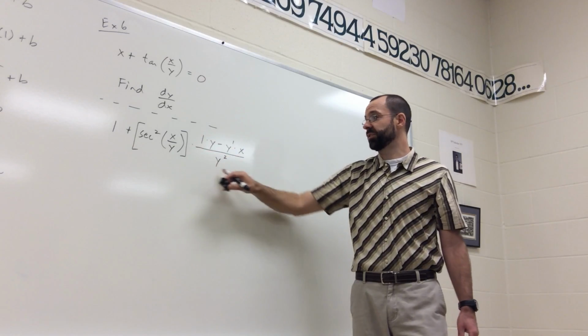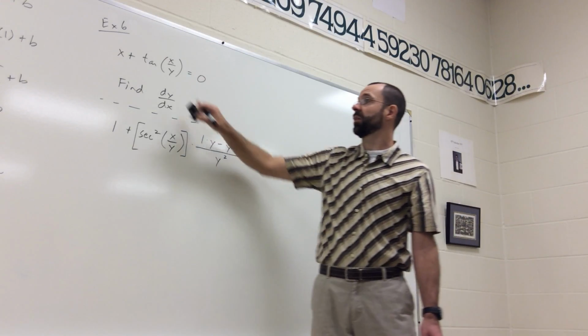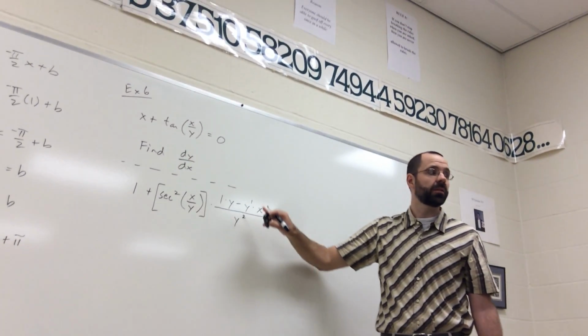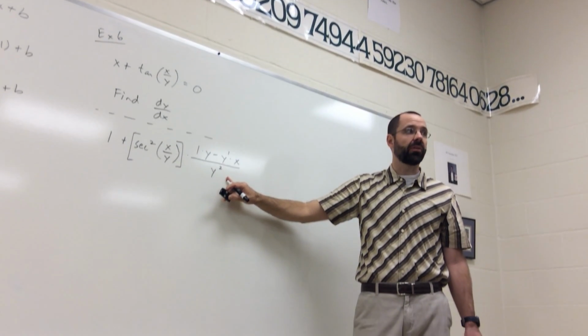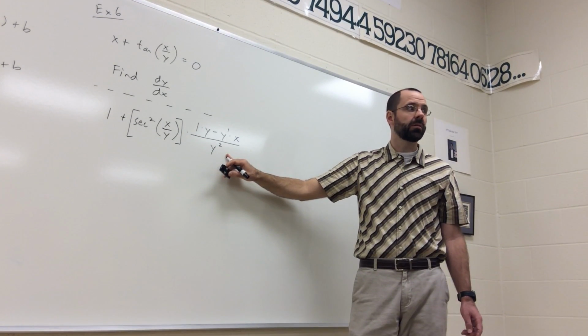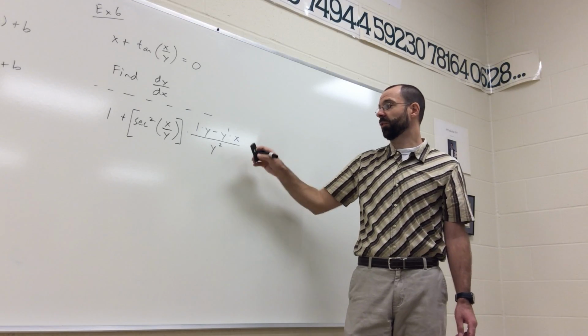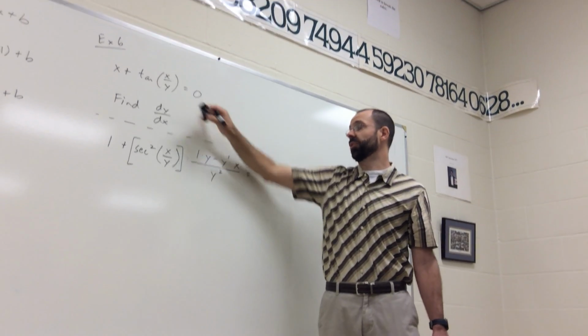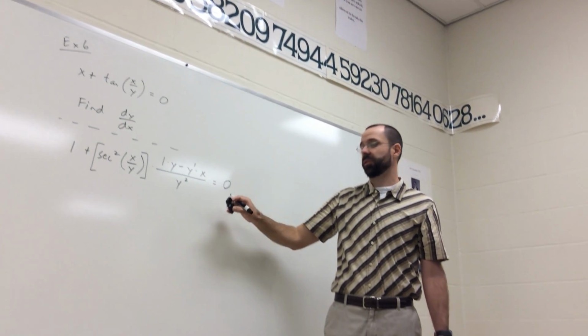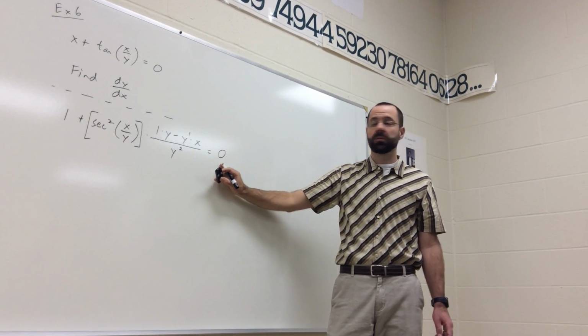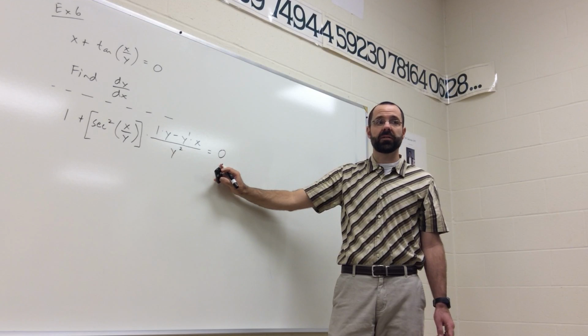So all of this is just the derivative of x over y. Everybody okay with that? Okay, and then derivative of 0 is still 0. So that's that side.